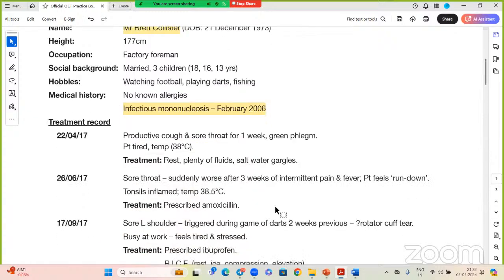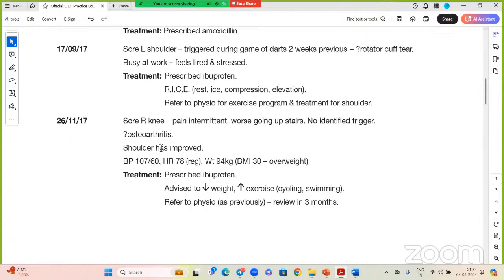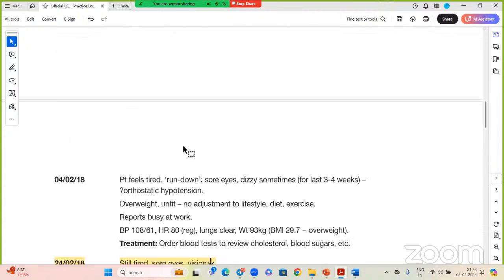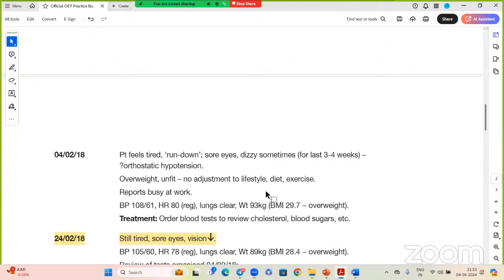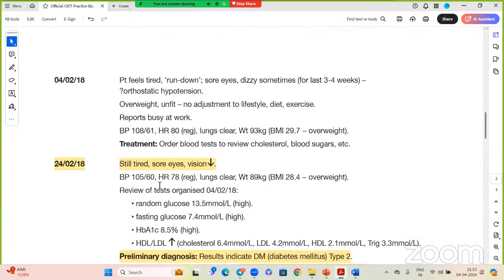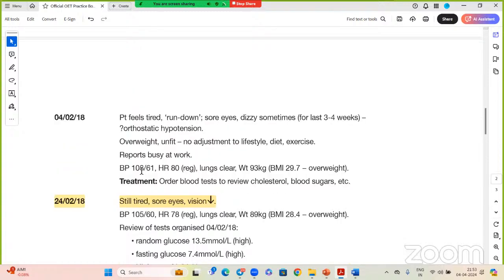Then, is there any other infection? Any other infection you can check.